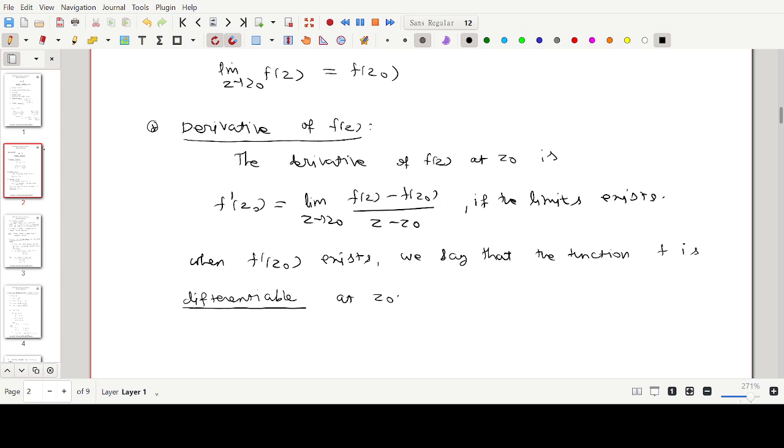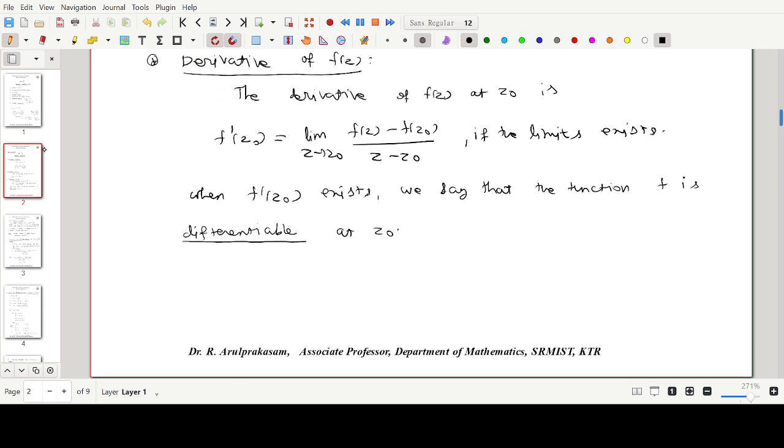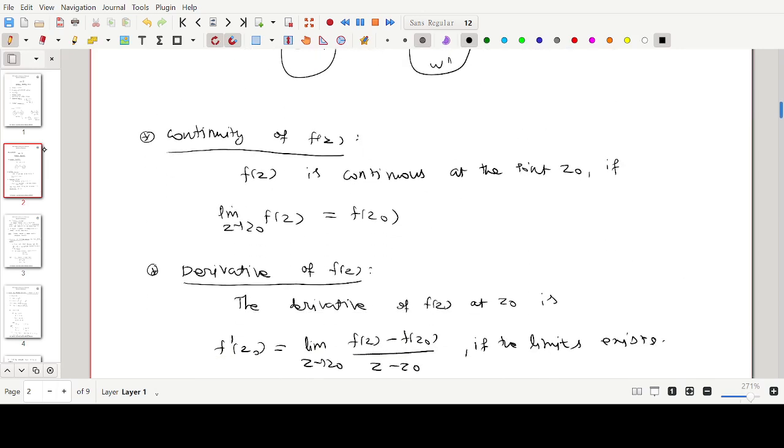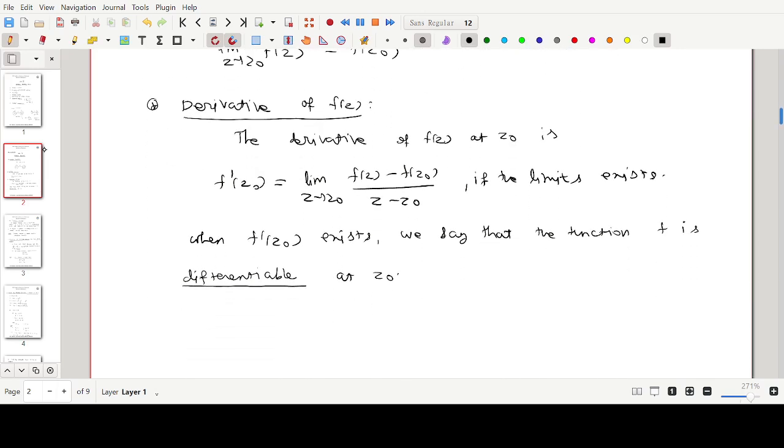The limit of f of z minus f of z naught divided by z minus z naught, as z tends to z naught. If that limit exists, we can say the complex function is differentiable at a point z naught. If the derivative exists at each point in the domain D, we can say it is differentiable in that domain. So I explained continuity of f of z and differentiability at z naught.